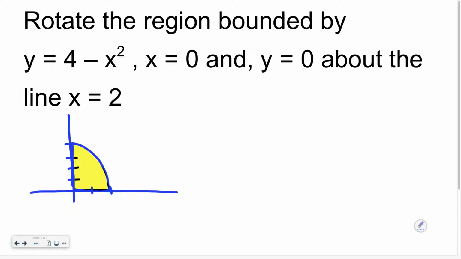So we want to take this and rotate it about the line x equals 2. You can make a dotted line, you can make a solid line, I don't care. Whatever works for you.